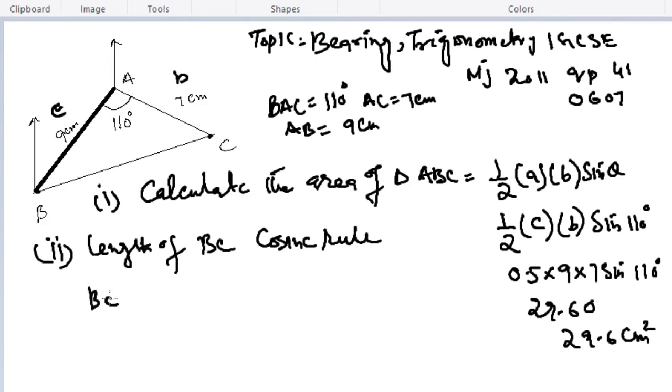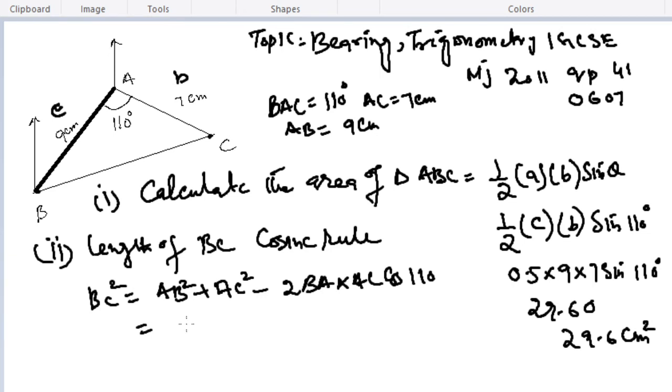So BC square is equal to AB square plus AC square minus 2 into AB into AC, and cos of the angle between these two sides, which is 110. So put the values here. What is AB?